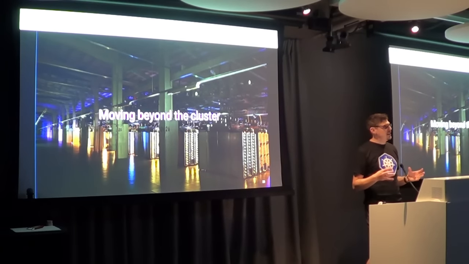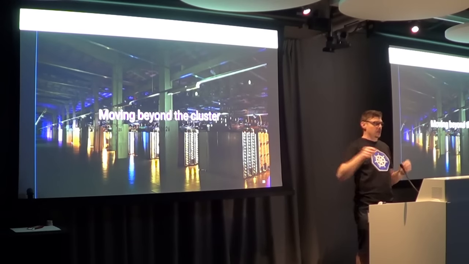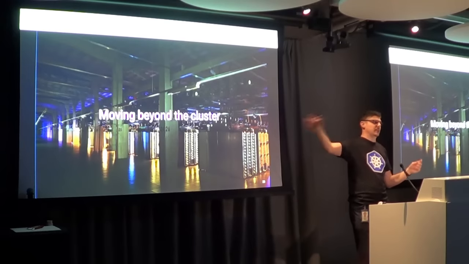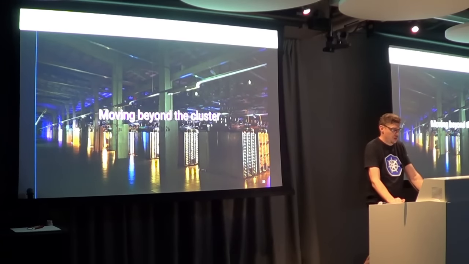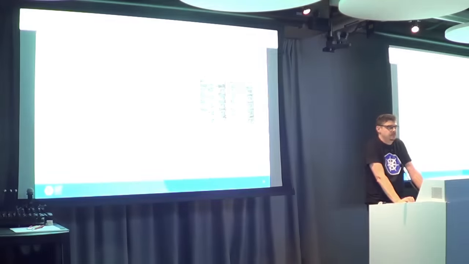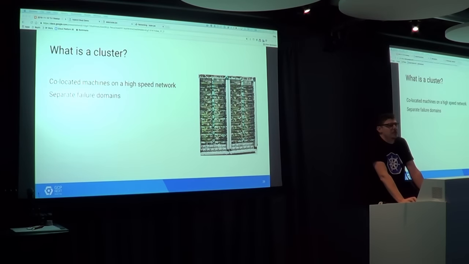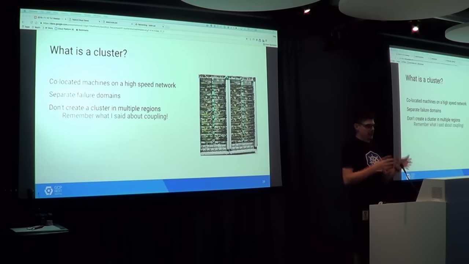It doesn't make sense to have a single cluster that spans all of those things, because 2 machines here are very close to each other, but one here and one far away have a lot of lag. So you can't guarantee that the replication, for example, will work the way you might expect. I actually have some notes on that. Co-located machines, separate failure domains is important. So everything within a single cluster, a failure here won't affect machines somewhere else.